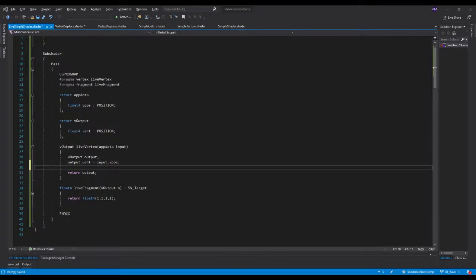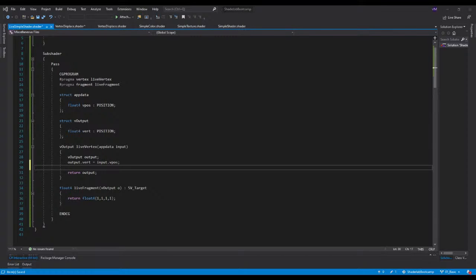But where are you doing the matrix multiplication for converting from the object space of that vertex to view space to your clip space? Where is that happening? That's not happening anywhere, so we have to make that happen now. And how do you make that happen? It's very, very simple.